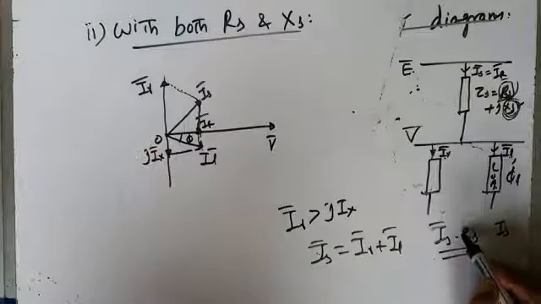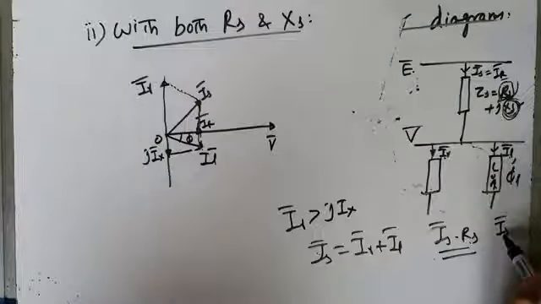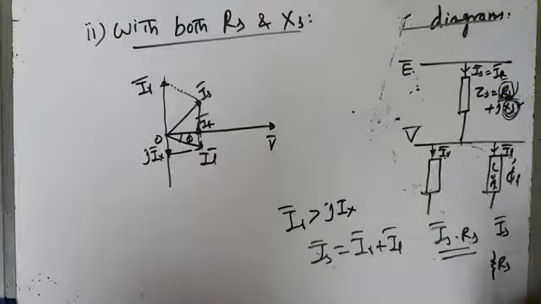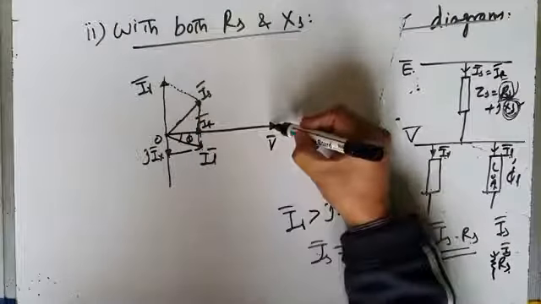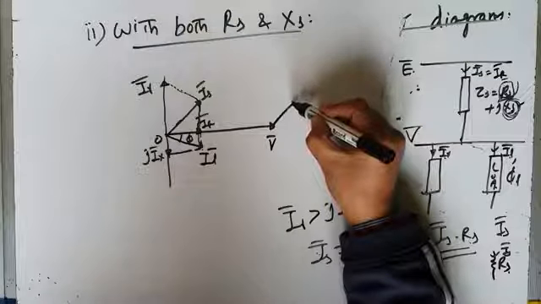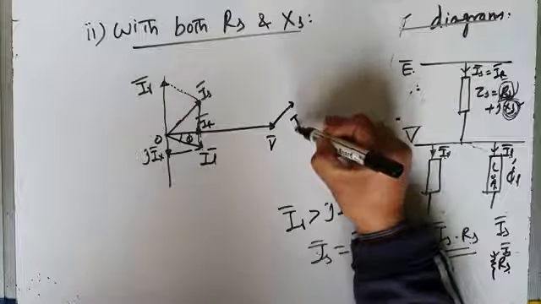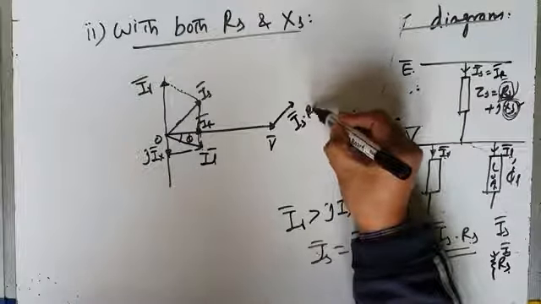This IS RS drop is caused by current IS flowing through the resistance part of the impedance. So if your IS is this, you can show the in-phase drop like this: this is IS into RS voltage drop.